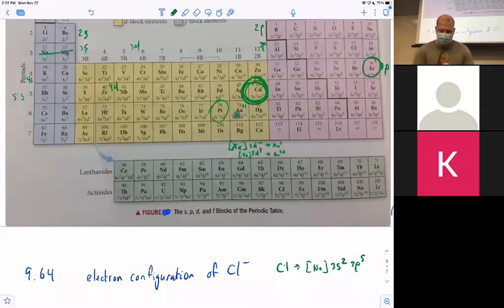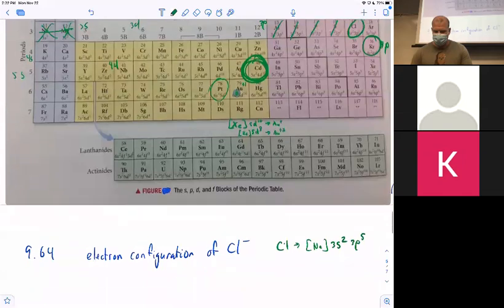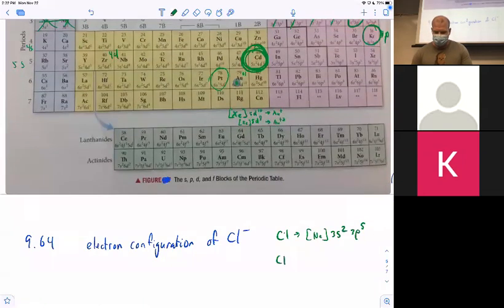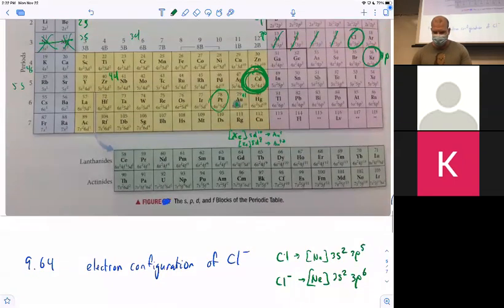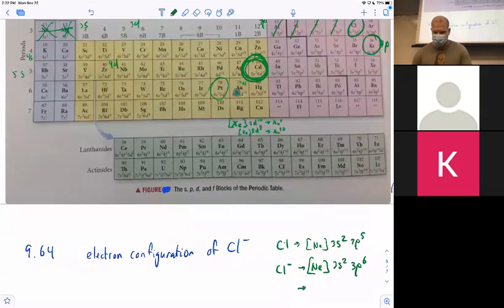So 3s2, 3p1, 2, 3, 4, 5 for chlorine. And you have an extra electron, so chloride is going to be neon's 3s2, 3p6, which is the same as argon's configuration.